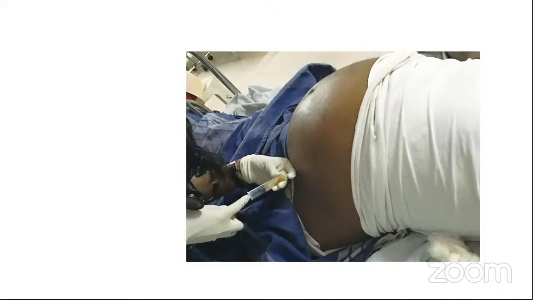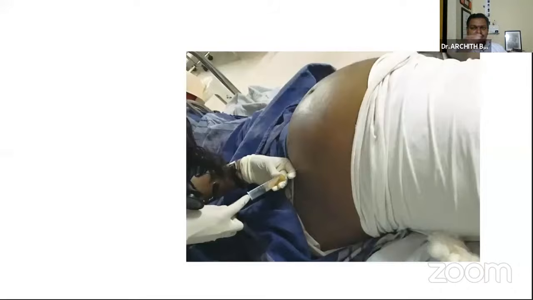Okay, as per the textbooks, it is above the ASIS, the anterior superior iliac spine, around 4 to 5 centimeters above and medial to the ASIS. That would roughly come to the medial two-thirds and the lateral third of the spino-umbilical line. So you're going to do it there.